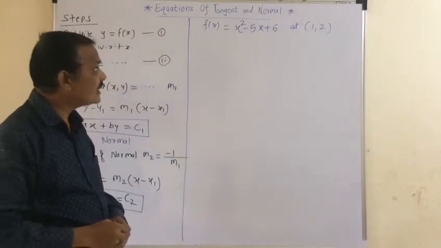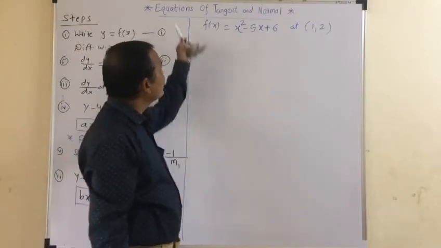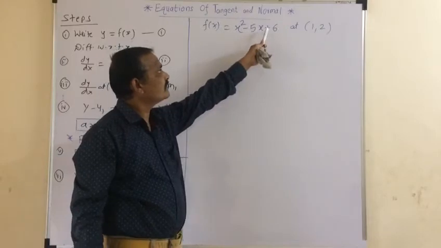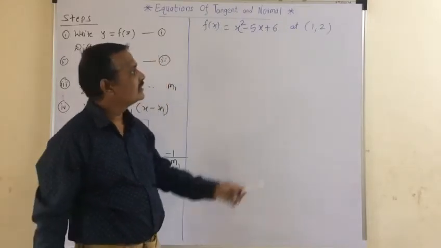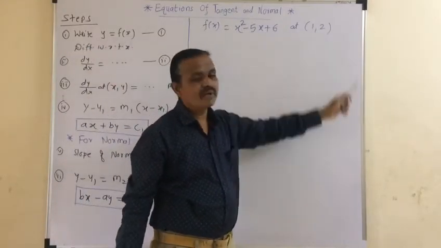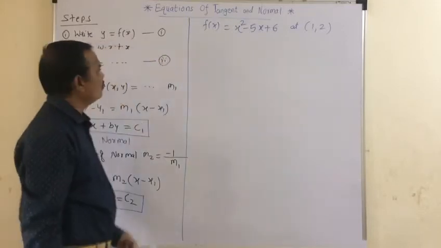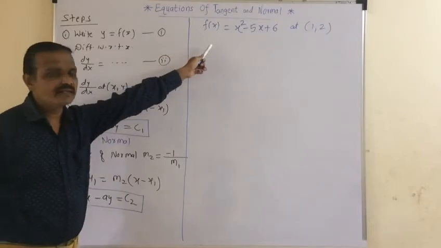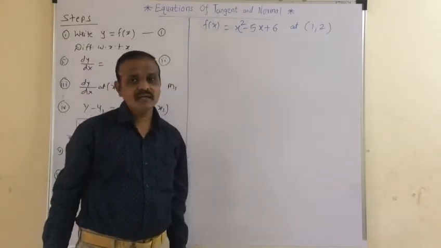That is, we have to find equation of tangent and normal to the curve x square minus 5x plus 6 at point (1, 2). Now we use these steps to find the equation of tangent and normal.